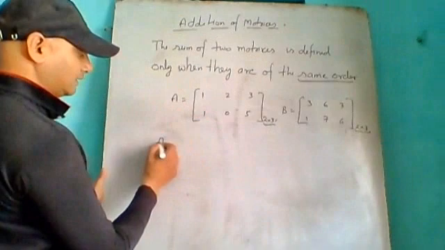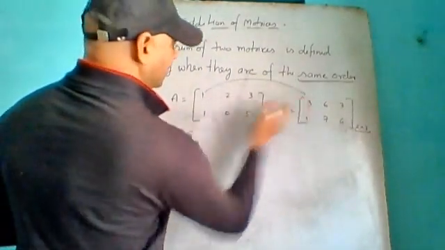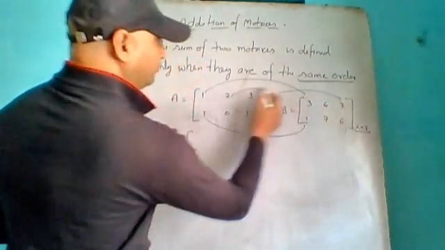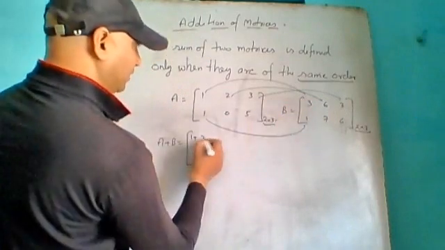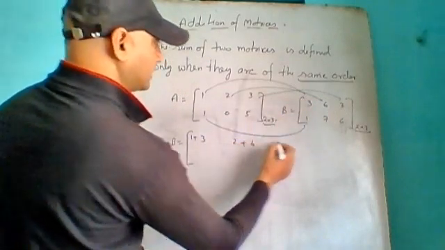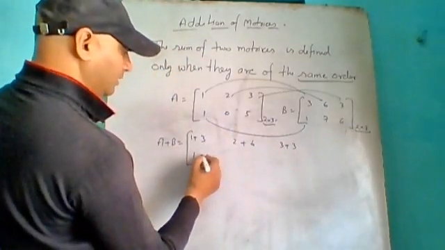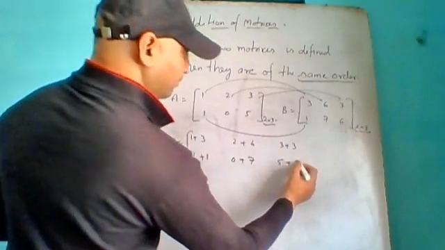Then the resultant is A plus B. Just add the corresponding elements, right? The corresponding elements: 1 plus 3, 2 plus 6, 3 plus 3, 1 plus 1, 0 plus 7, 5 plus 6.